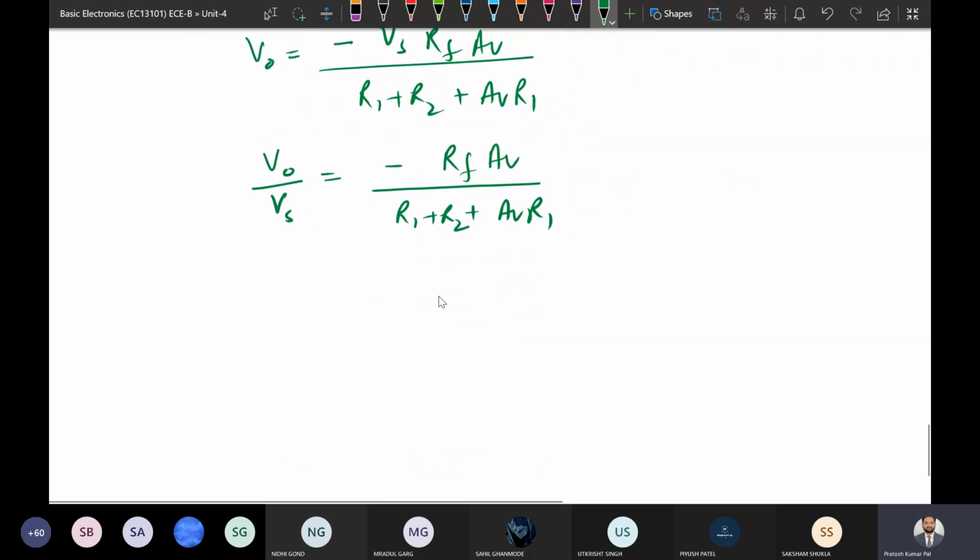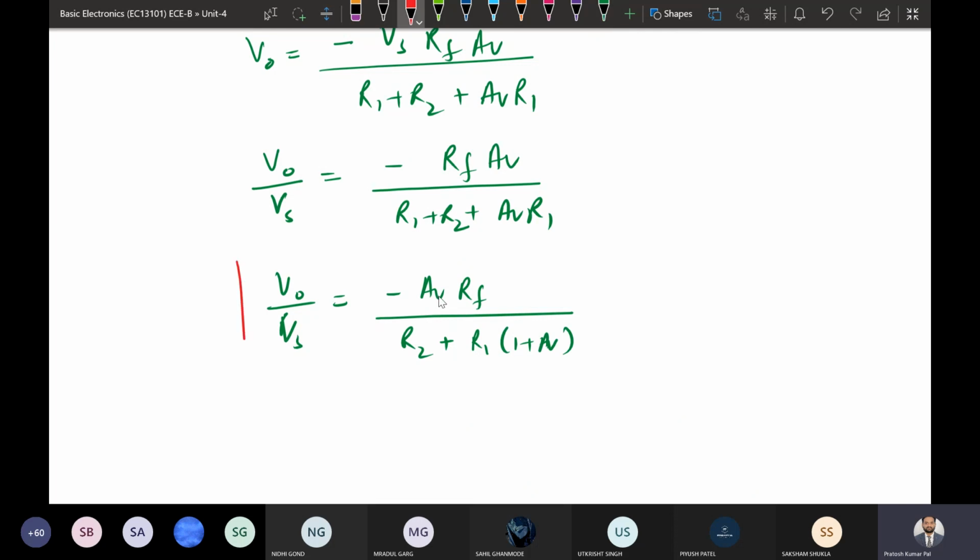Okay, so this is the final output we are getting, or we can represent it in an easier manner: V0 by Vs is minus AV Rf divided by R2 plus R1, taking R1 common, it will be 1 plus AV.